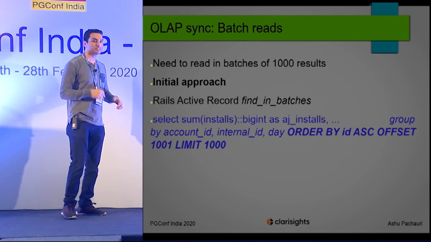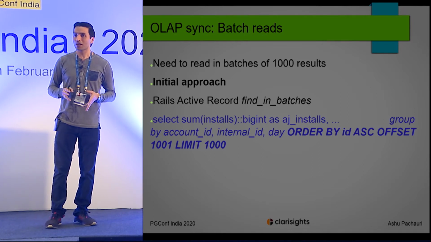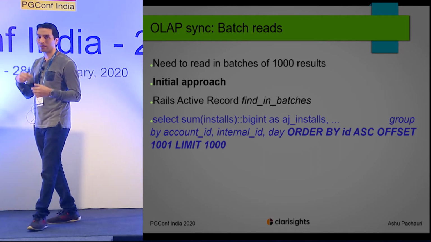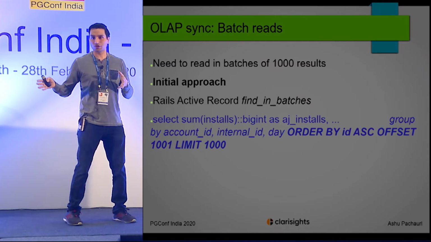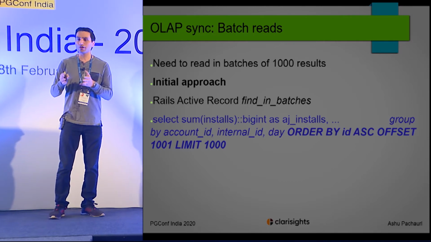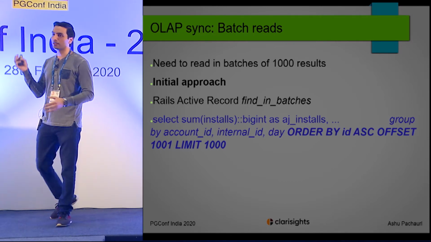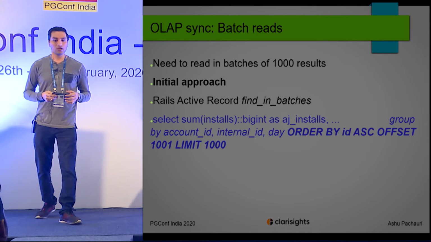That is how it will iterate. And it has to add an order by primarily because if there are writes while you are doing this, you don't want to miss the new records. If you are not sorting on primary key and writes came in between, you might miss some of the records.